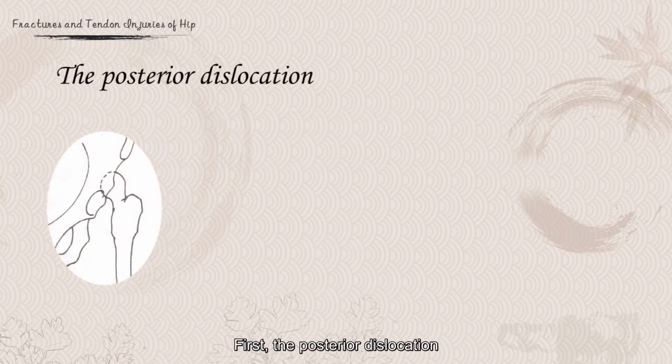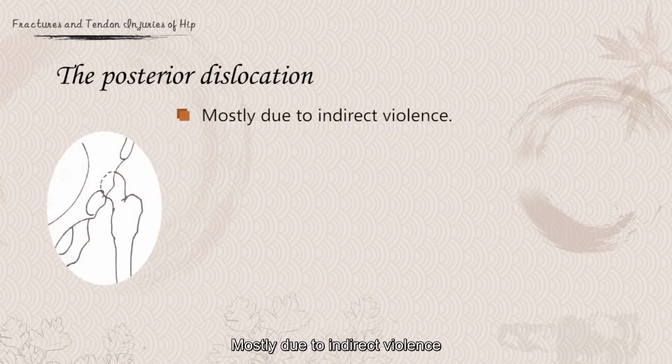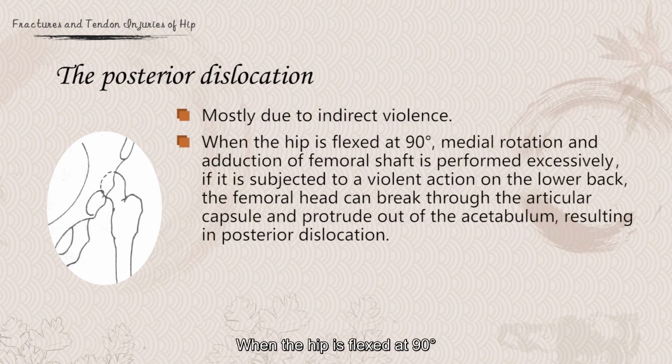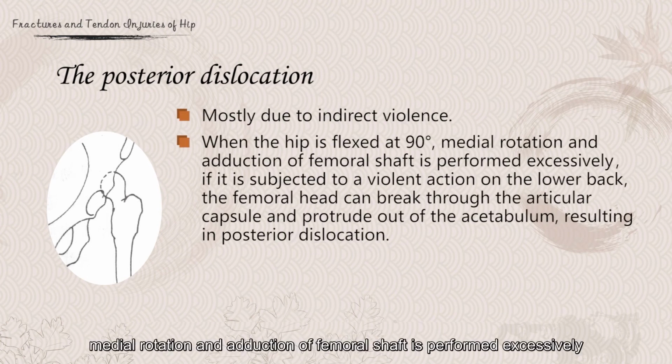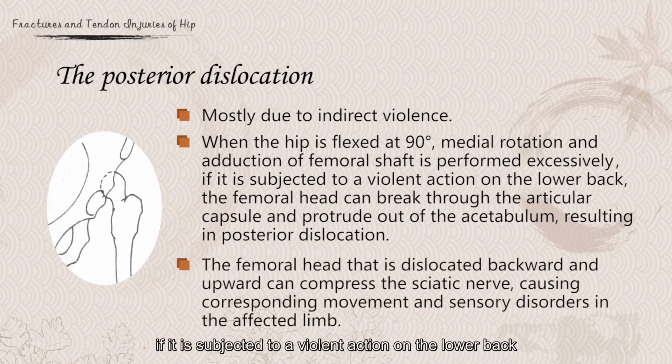First, the posterior dislocation, mostly due to indirect violence. When the hip is flexed at 90 degrees, and medial rotation and adduction of the femoral shaft is performed excessively, if a violent force acts on the lower back, the femoral head can break through the articular capsule and protrude out of the acetabulum, resulting in posterior dislocation.